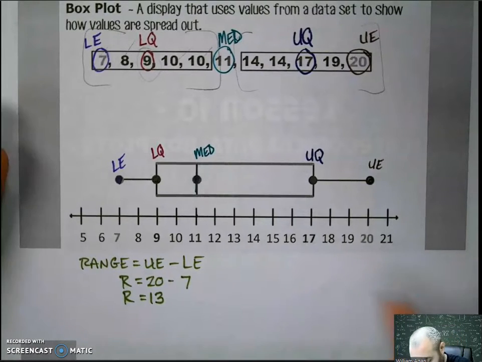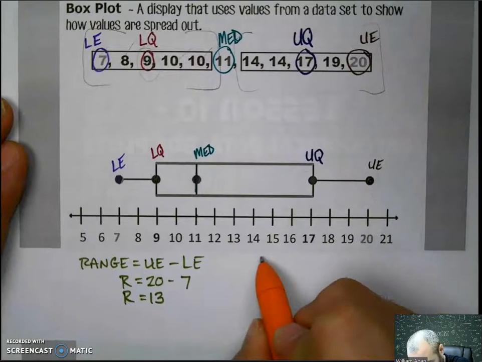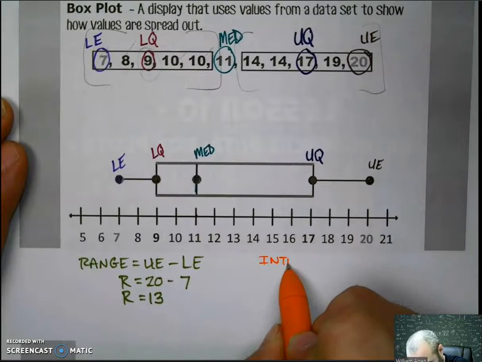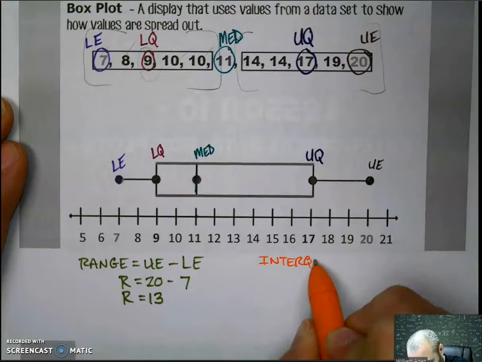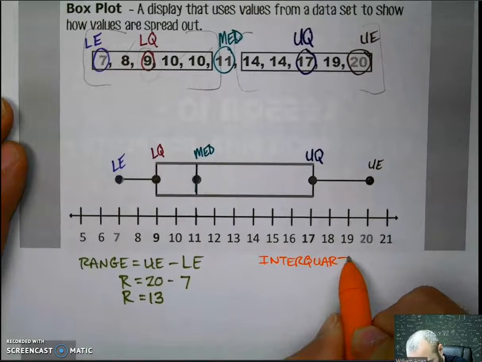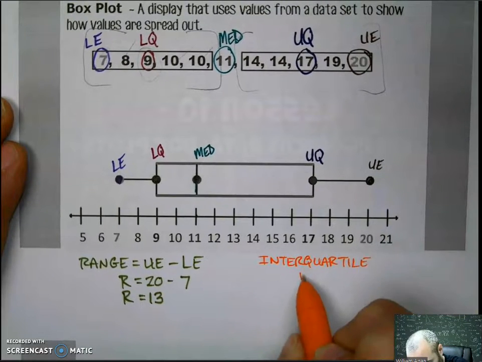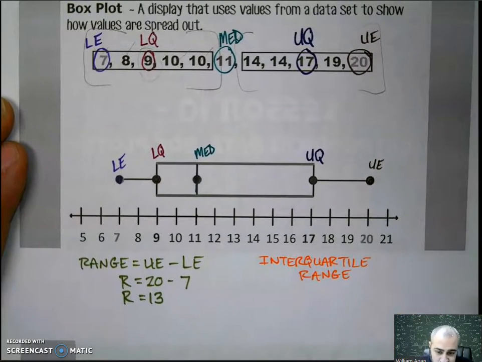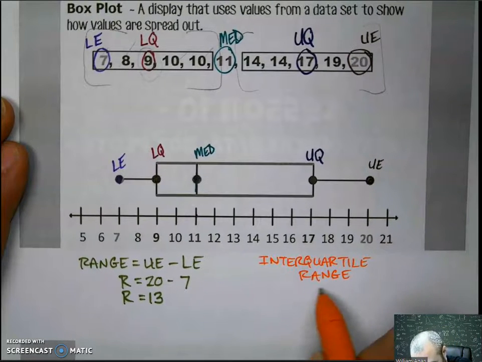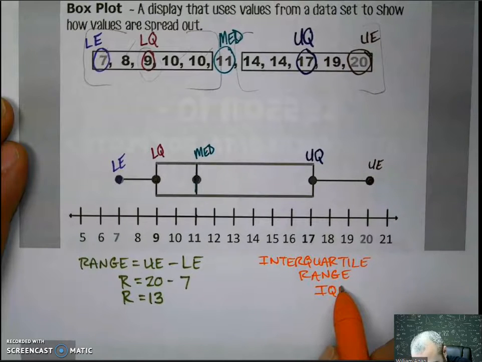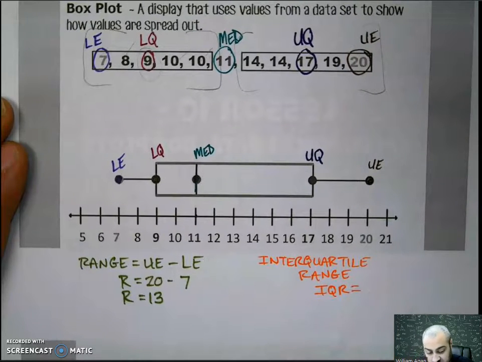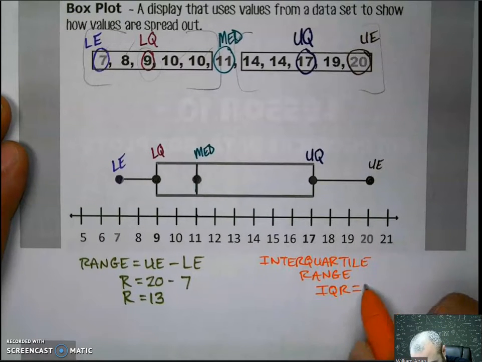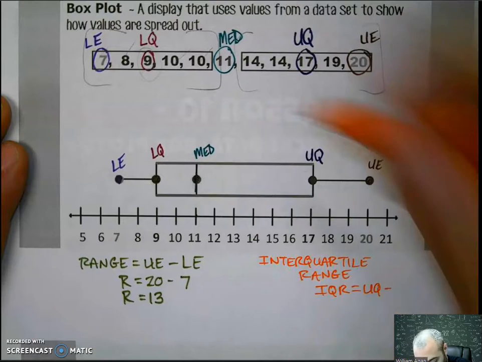Sometimes they will ask you to find the interquartile range. And I'm definitely not going to keep writing that over and over, so that is going to be shortened to IQR. And to find the IQR, it is your upper quartile minus your lower quartile.